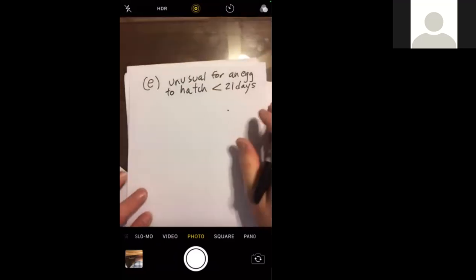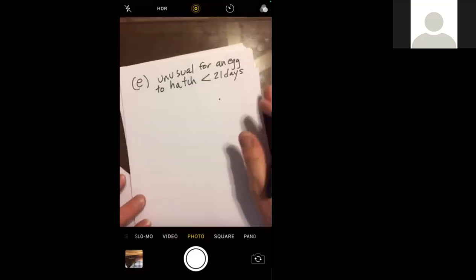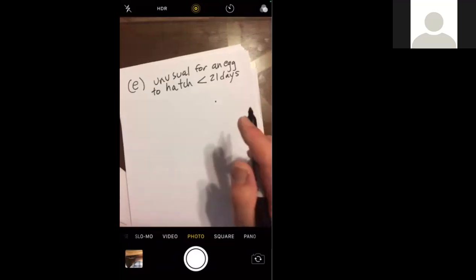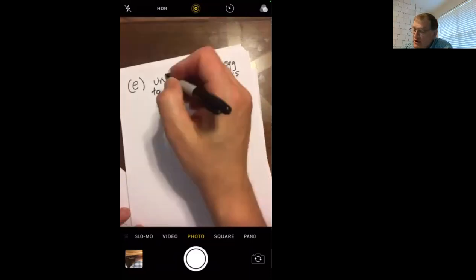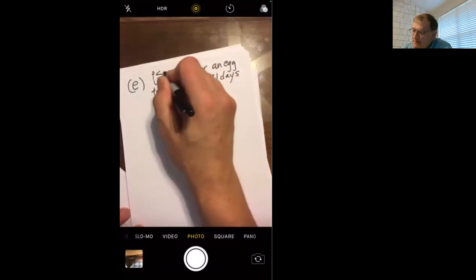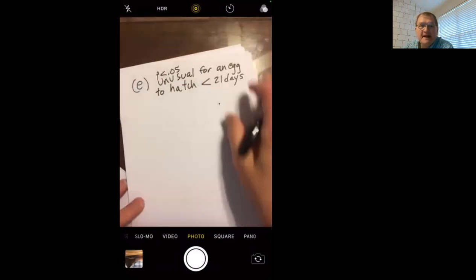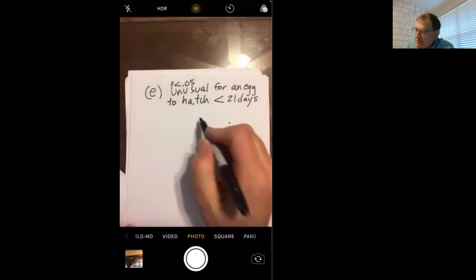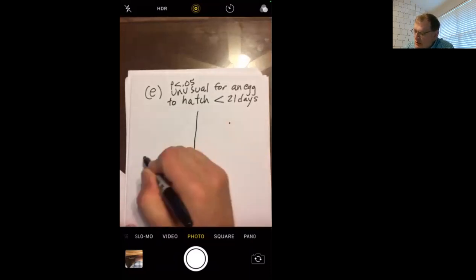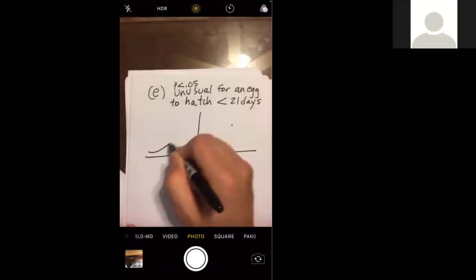It would be unusual since the probability is less than 0.05. Right, that's the criteria for unusual, probability less than 0.05. So we've got to find the probability of hatching in less than 21 days.